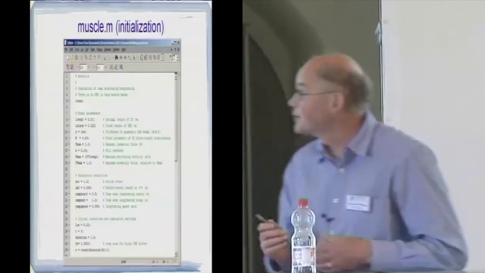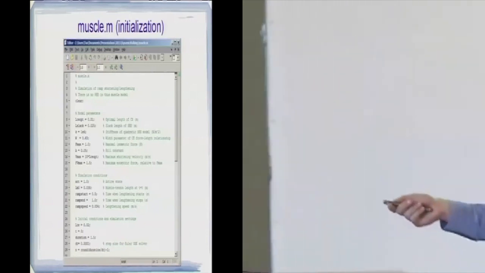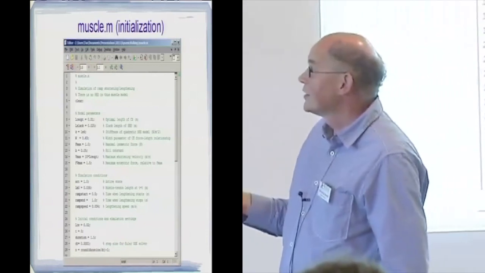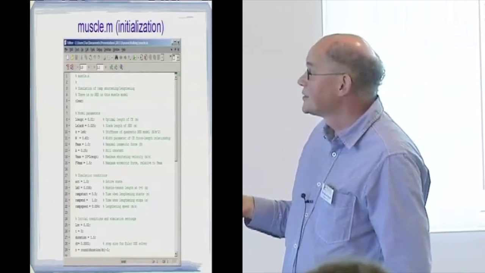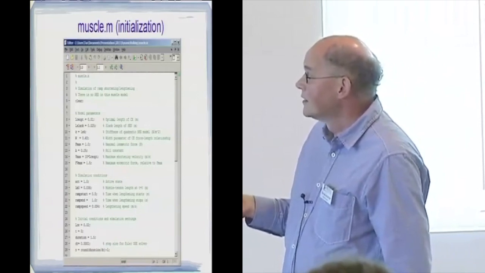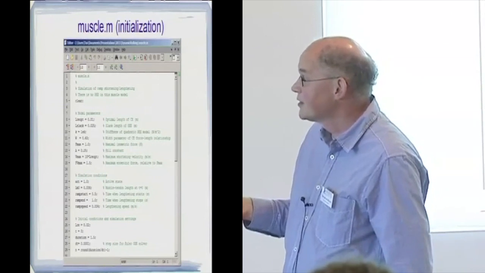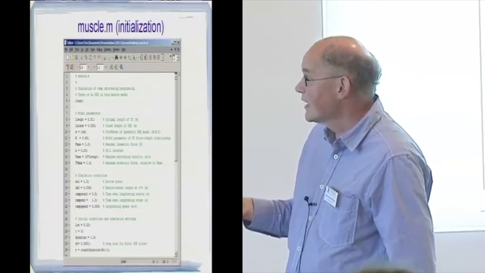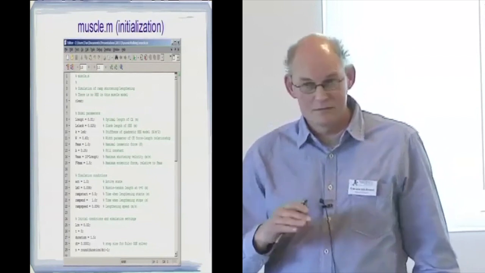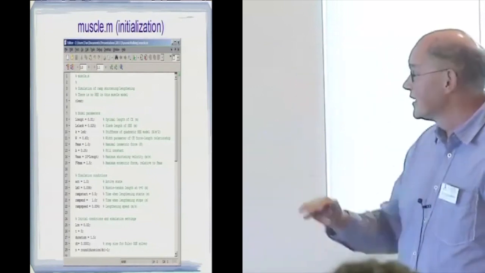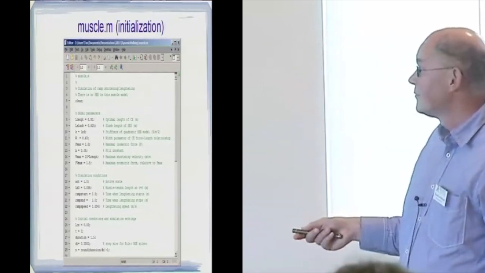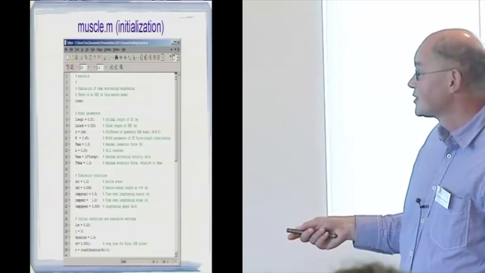And here's the MATLAB code. It's 2 pages. So you have some model parameters and simulation conditions. I'm activating the muscle fully, so active state is 1. I'm not changing that; I'm just having constant activation. I start my muscle length at 3.8 centimeters.